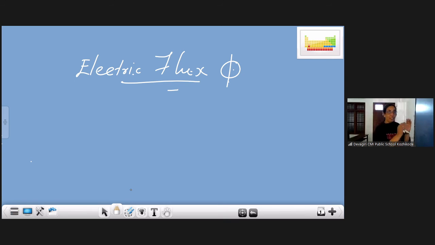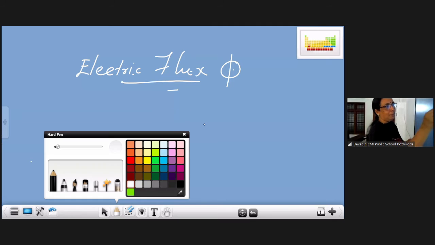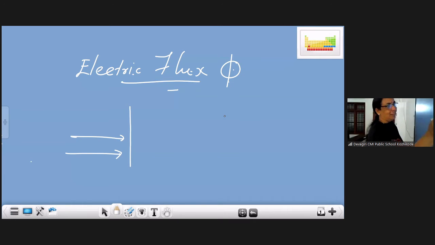If I change the orientation of the surface, the number of field lines passing normal to the surface keeps decreasing. Electric flux is defined as a measure of the number of electric field lines passing normal to the surface.